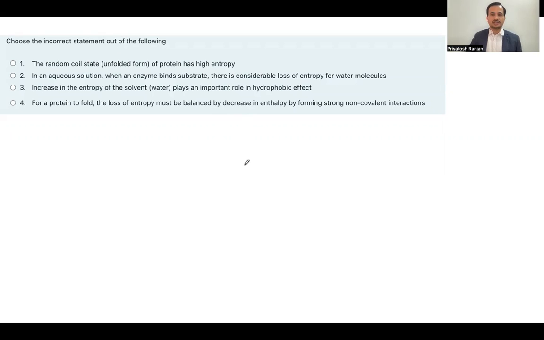Seems true because if you look at the different structural conformations of the protein, we have primary, secondary, tertiary, and in some cases quaternary structure.